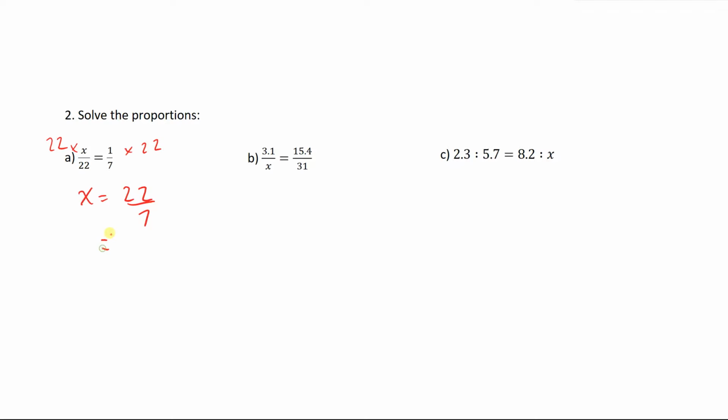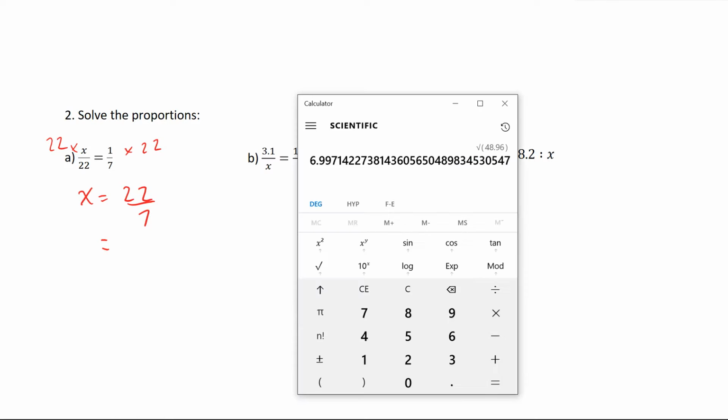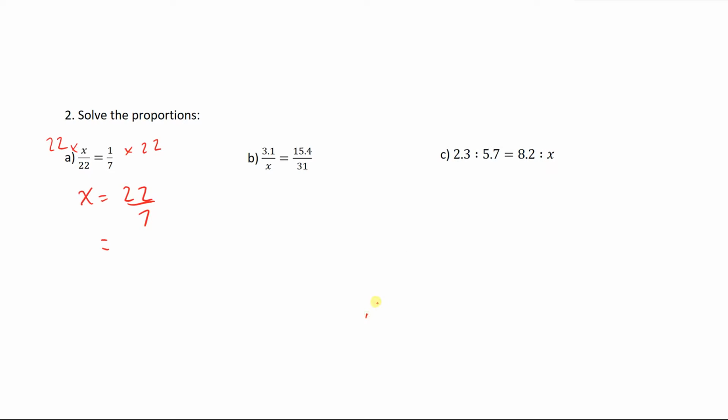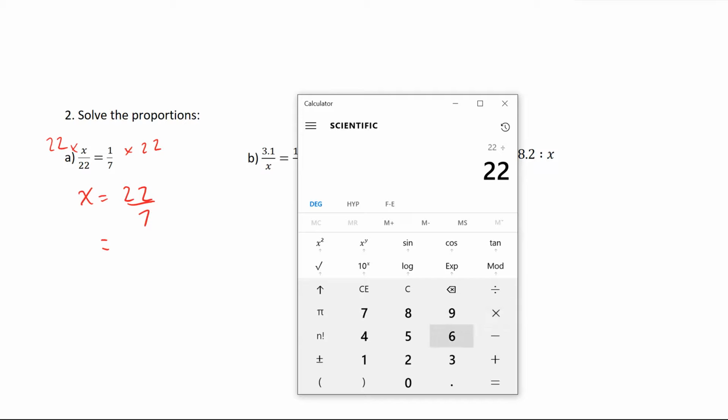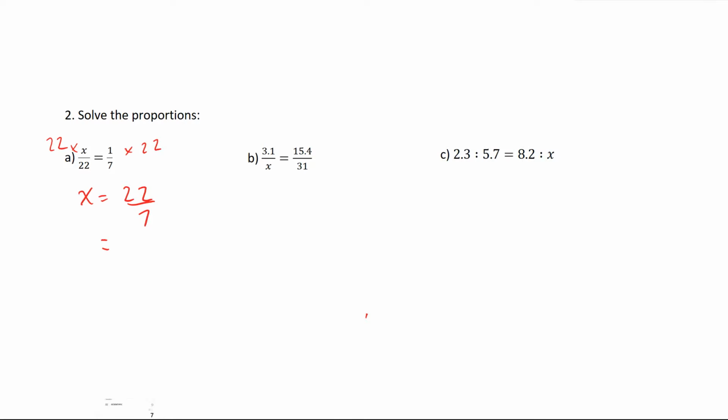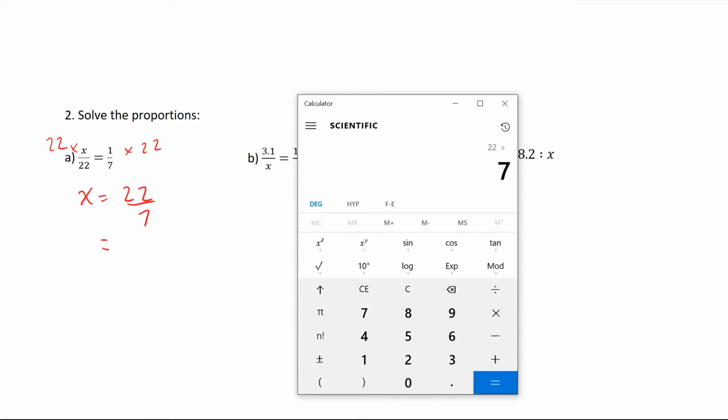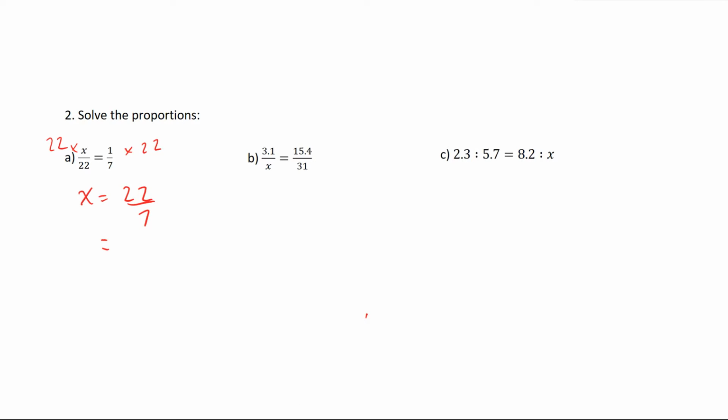And usually we don't bother evaluating. It won't look very nice, but let's just have a look at what this number is. So indeed, it's not a very nice number, but it's a little bit special. This is actually a number that was used in ancient times to approximate pi.